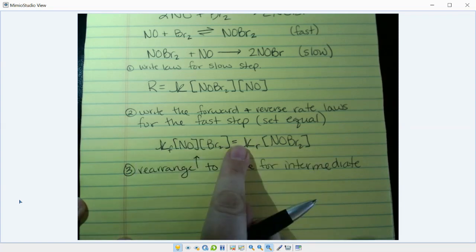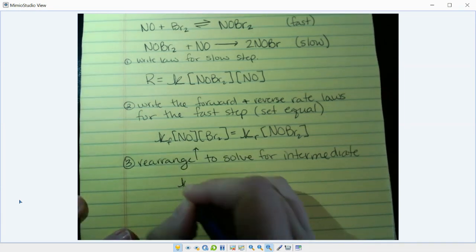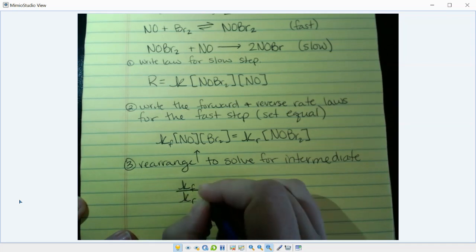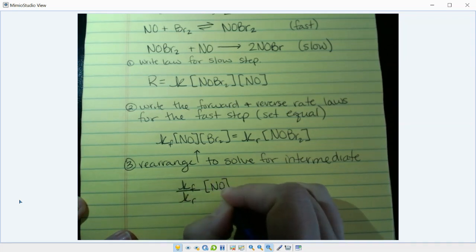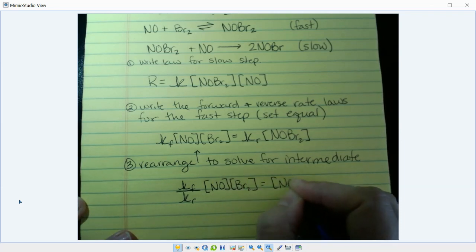And so in this case, that's really easy. I just need to divide through by K sub R and put it over to this other side. So I'm going to keep my K's together, and I'm going to say K_F divided by K_R, and then times NO times Br2 equals NOBr2.